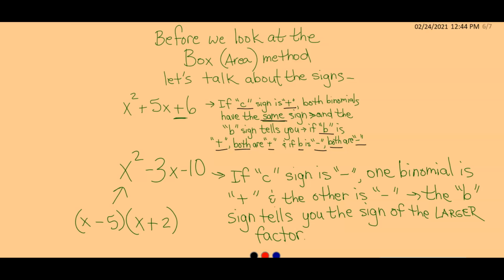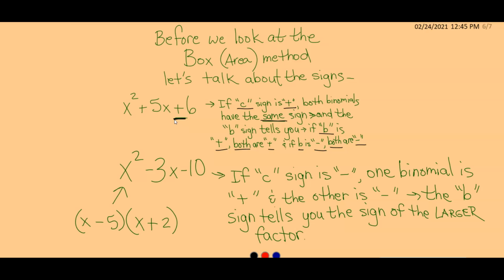as a resource. So how do you determine, when you're breaking apart these trinomials, what signs you're going to use when you break them apart? Well, we mentioned in the other video that if your C sign is positive, you know that both binomials have to have the same sign.